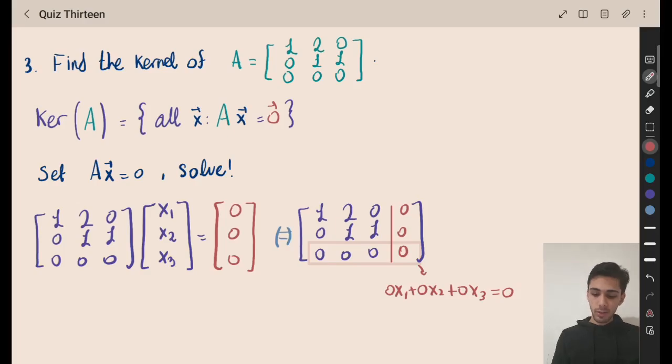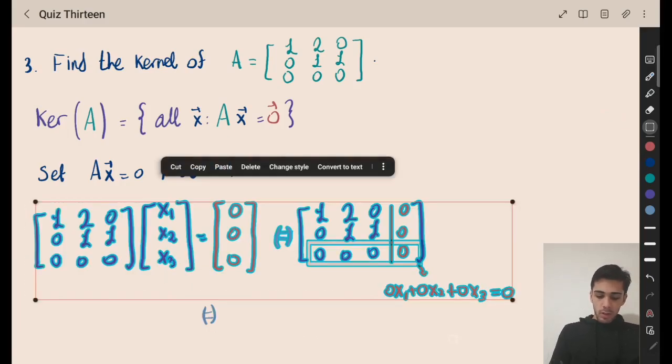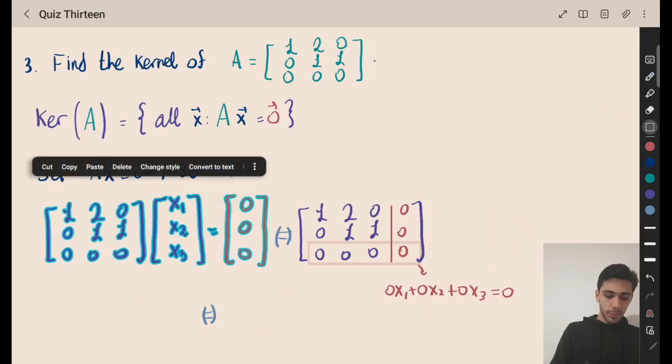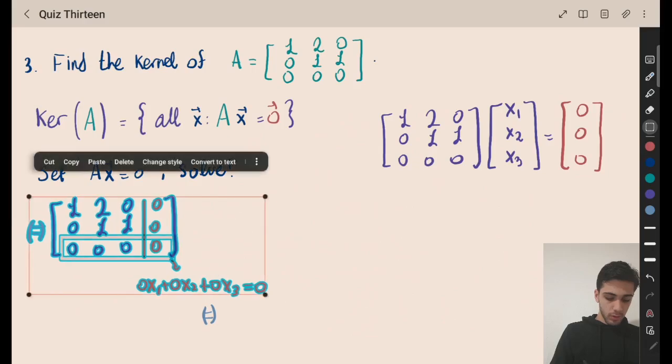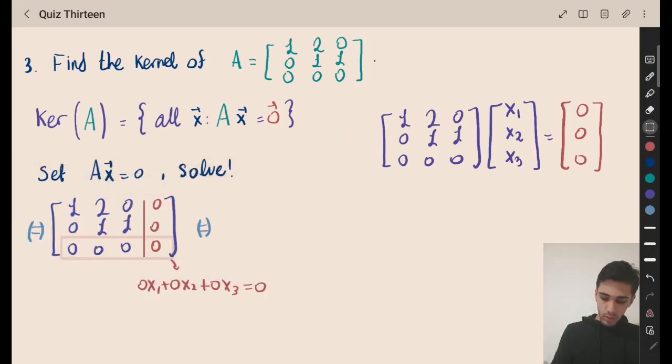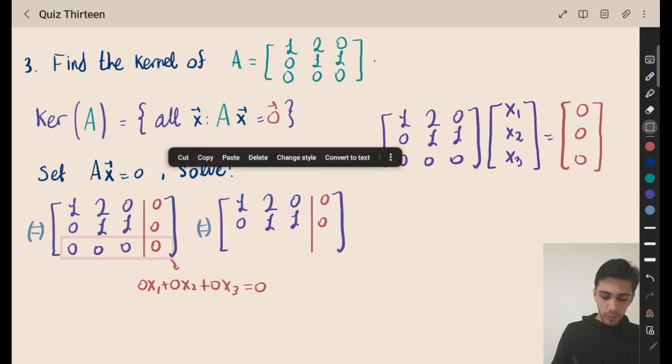So this is not an interesting equation, and we would like to therefore omit it from our set of equations in the following sense. So I write my augmented system, but without the final equation.